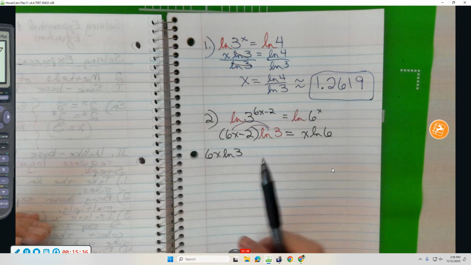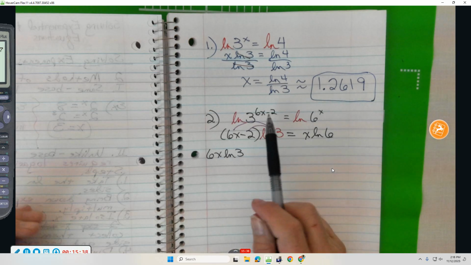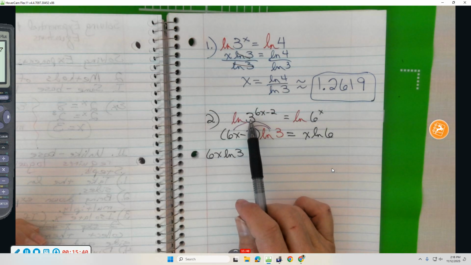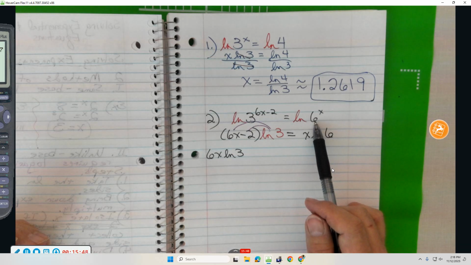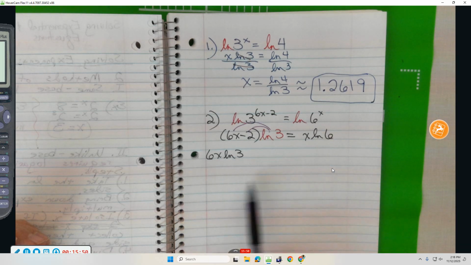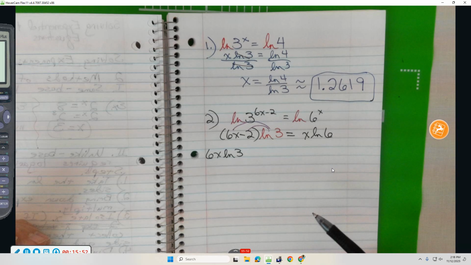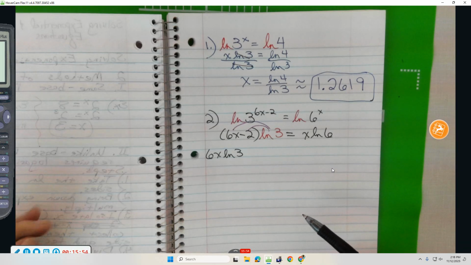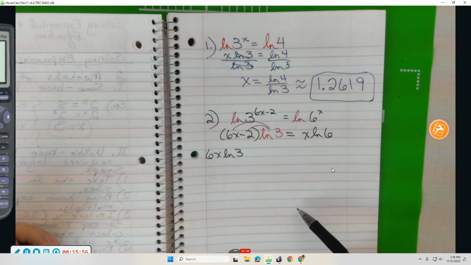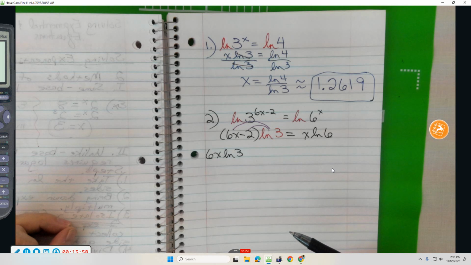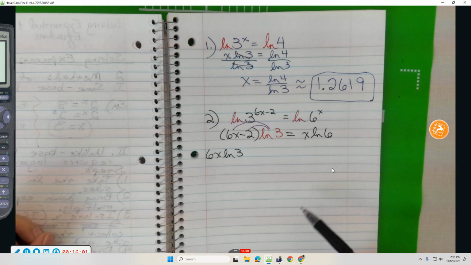Also, remember, you're going to be punching the stuff into your calculator. You have an ln3 and an ln6, not bases. At no time through my work should I have anything other than ln3 or ln6. I can't wind up with an ln18 or an ln2.